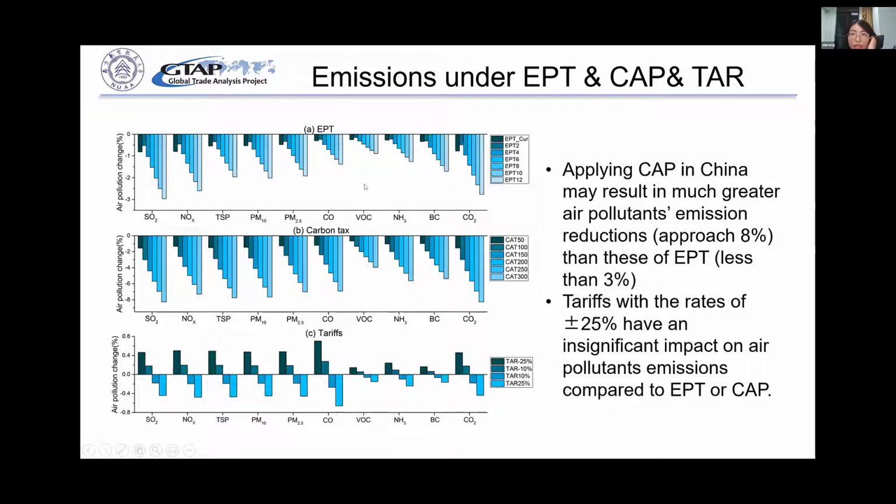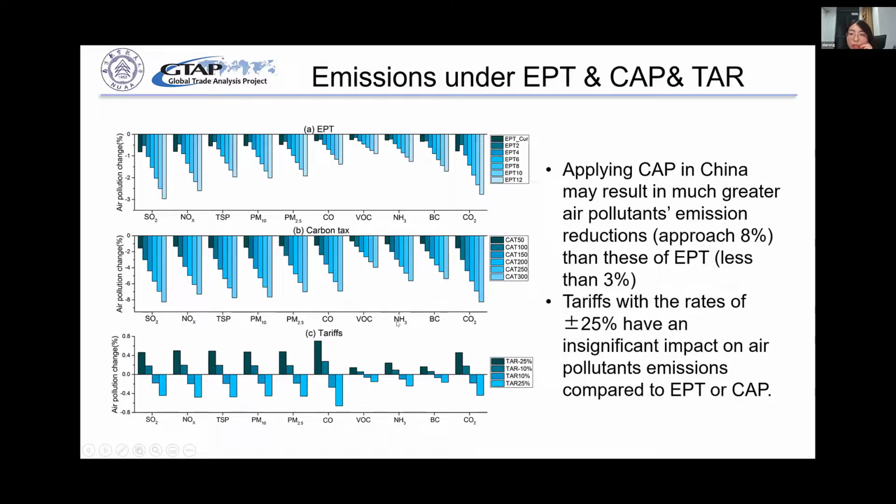We can see the changes of air pollutants and carbon dioxide emissions under different scenarios. We found that the carbon price has the largest decline in all air pollutants.